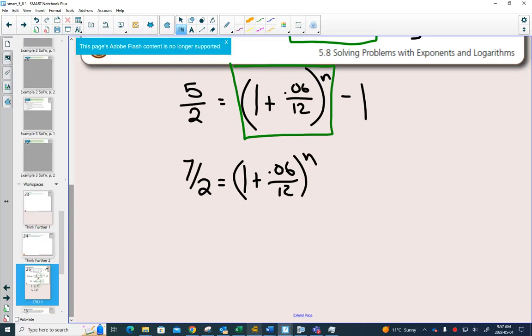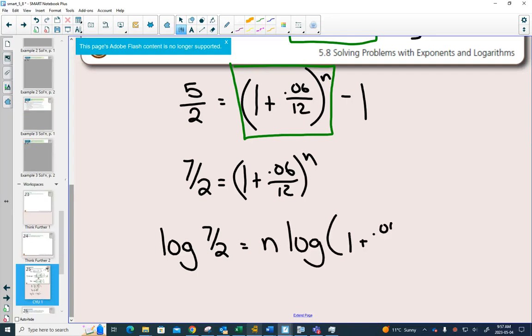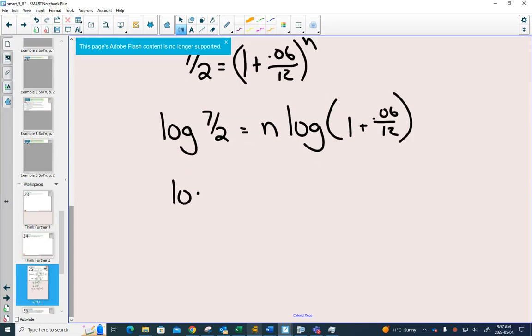What we can do next is now start using our logarithms. So if I take the log of this side, as I'm solving for an exponent, I can move the n out in front and take the log of this side. Divide both sides by the log of 1 plus 0.06 divided by 12.